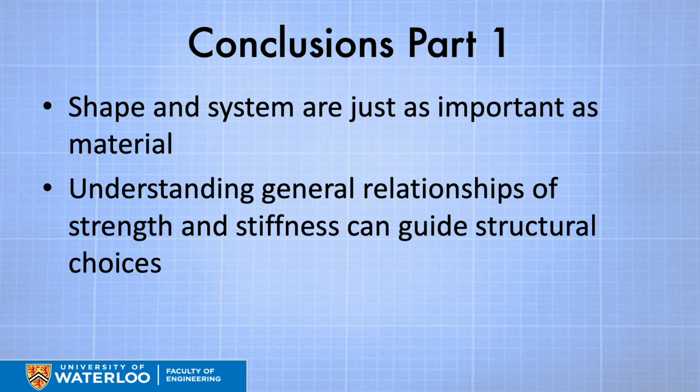And an understanding of the general relationships of strength and stiffness, such as how the deflection varies and how the strength varies with span, with loads, etc., can be really effective at guiding structural system choices and structural material choices, and guide you to how to change assemblies, materials, and elements for your project, for your purpose as much as possible.